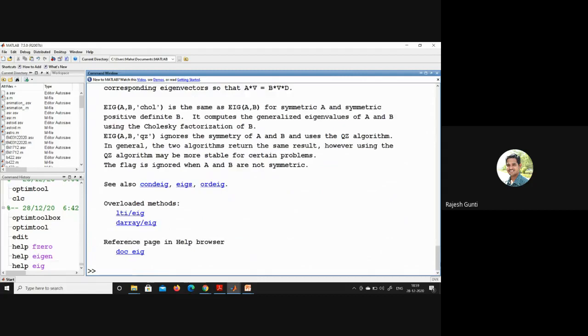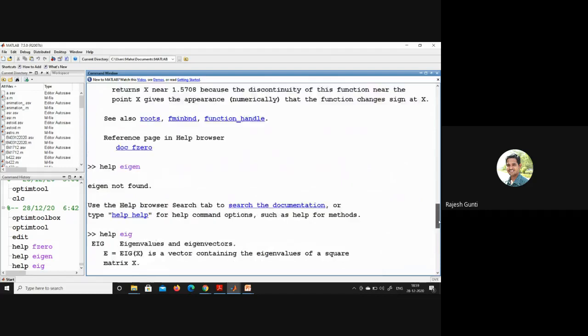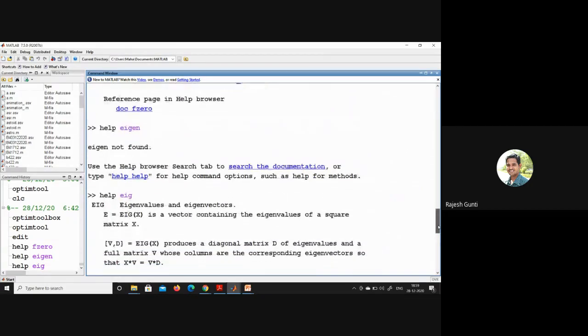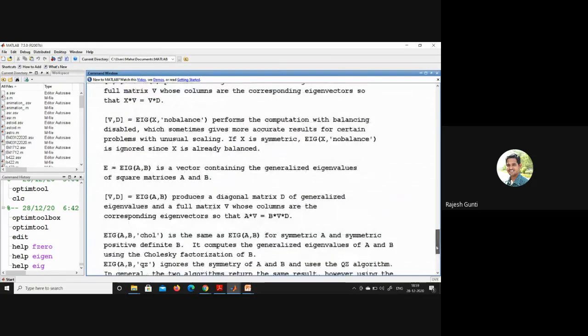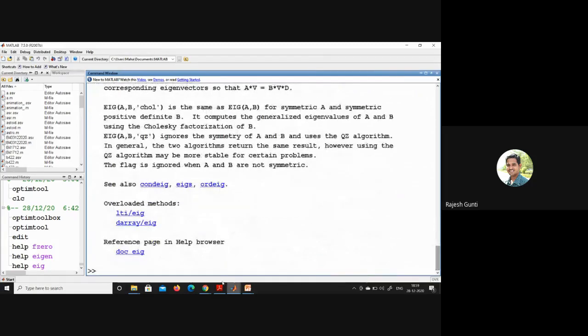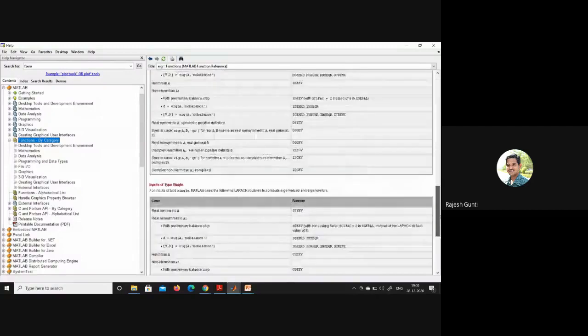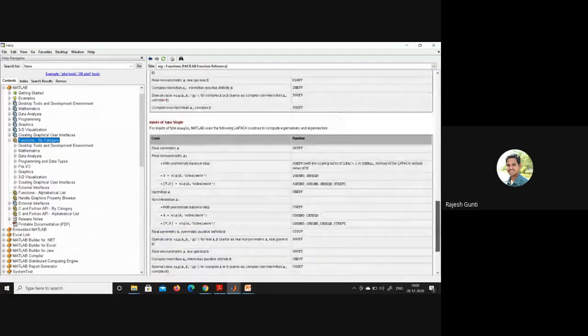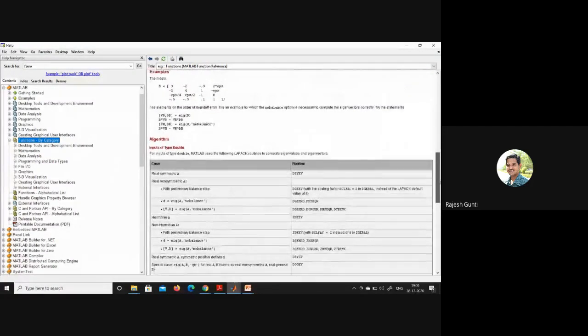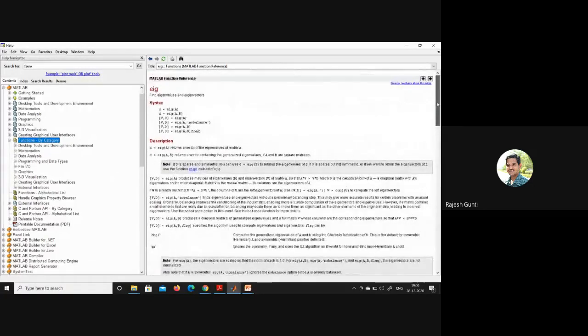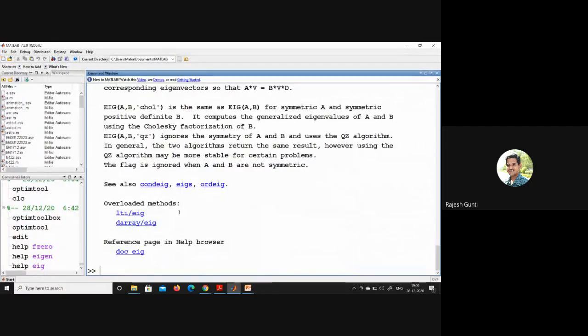Yes, help eig: about eigenvalues, eigenvalues and eigenvectors, how to calculate the eigenvalues. Doc, if you want the documentation, doc means help button. Again, it will come to the help window. It will be clear. This is the different information we get from this documentation.